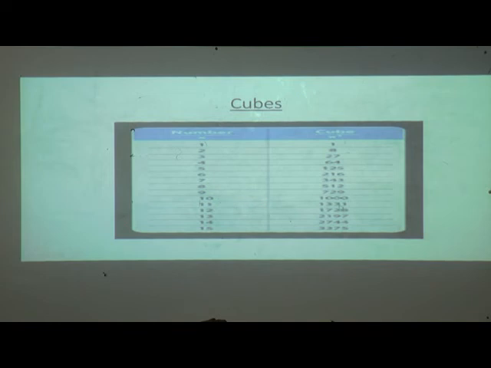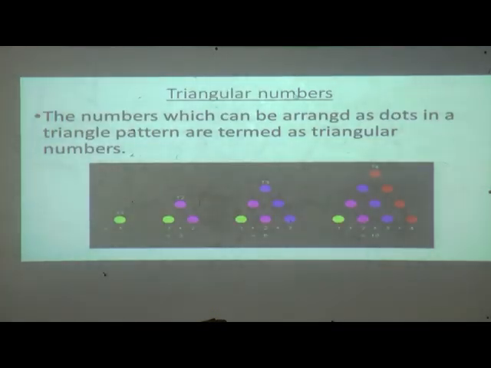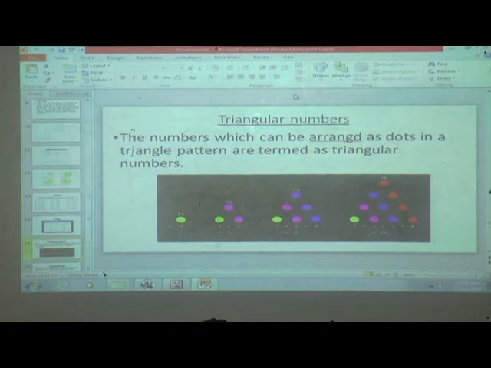Cube of 11, 1331. Cube of 12, 1728. Cube of 13, 2197. Cube of 14, 2744. And the last, cube of 15, 3375. So students, you should learn it very well so that you can solve the sums very easily.